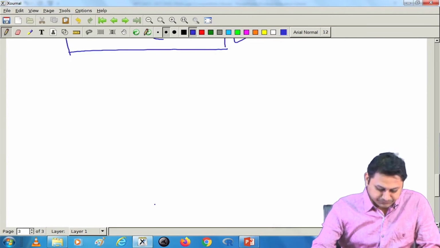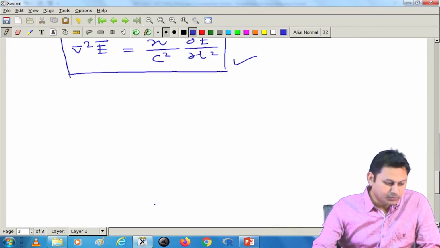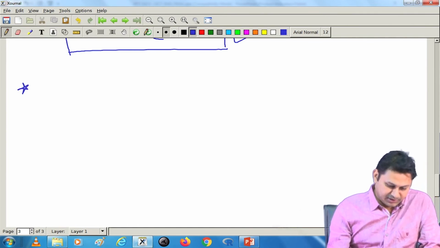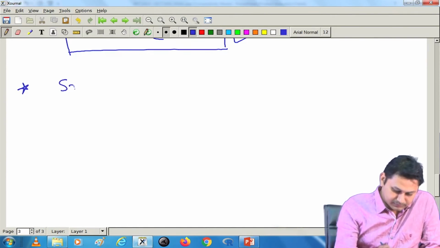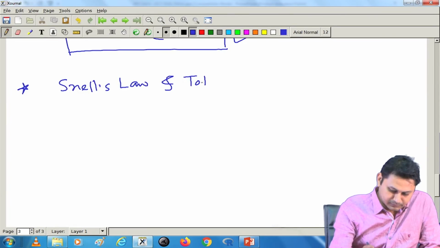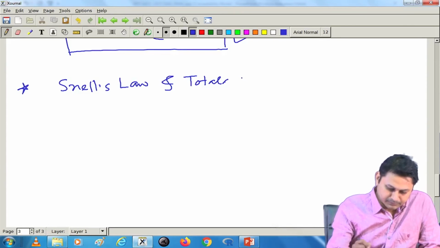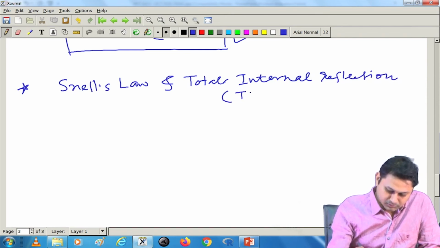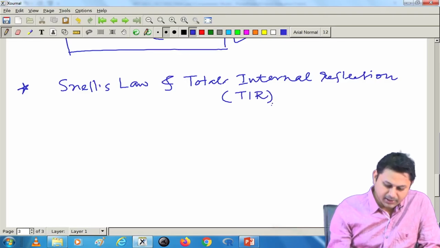Well, after that we will now try to understand a few things, which is Snell's law, and the concept of total internal reflection, or in short TIR.